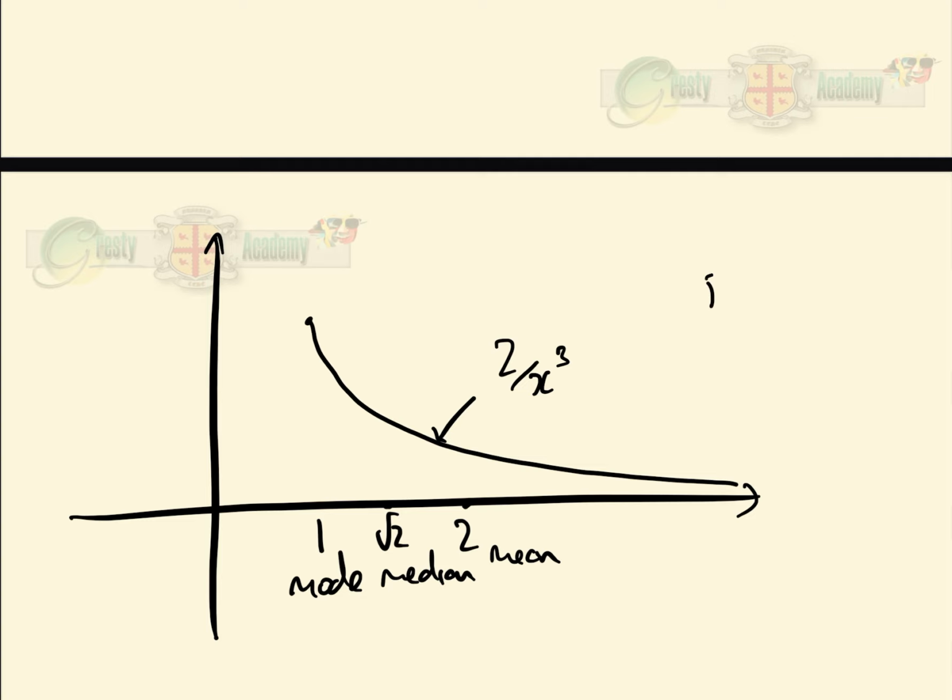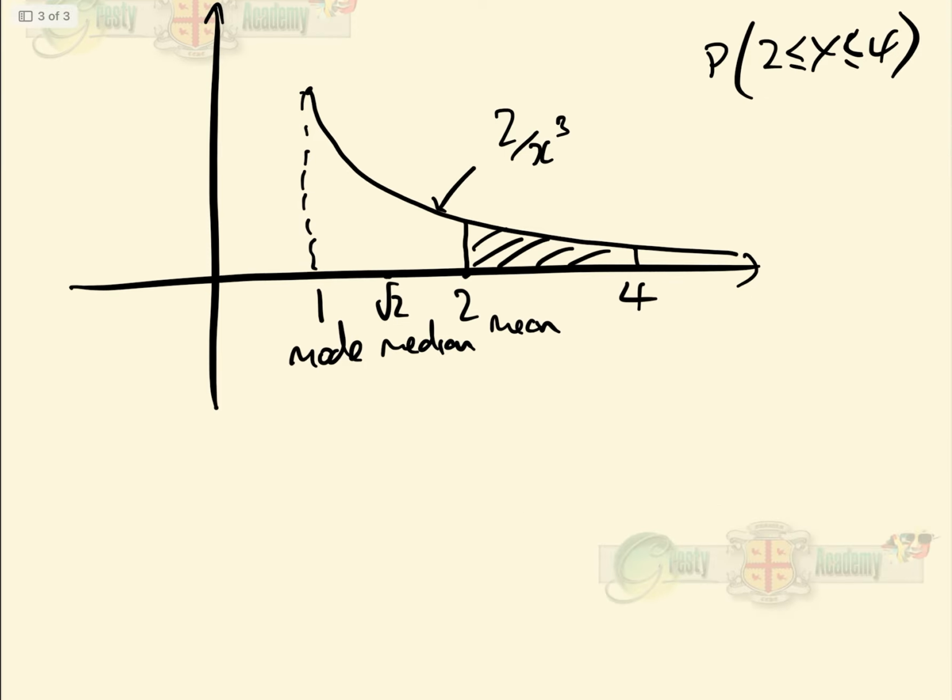Now, the final part of the question asked us for the probability that x is between 2 and 4. Okay, well, what they're saying here is they want the area here between 2 and 4. Now, we know it must be less than a half, because we know that the median is root 2, and so therefore we know that it's going to be less than a half anyway.